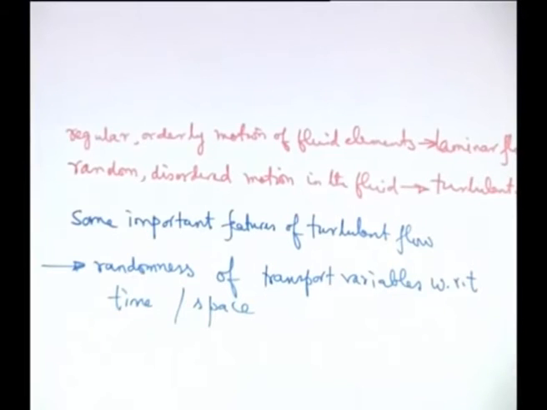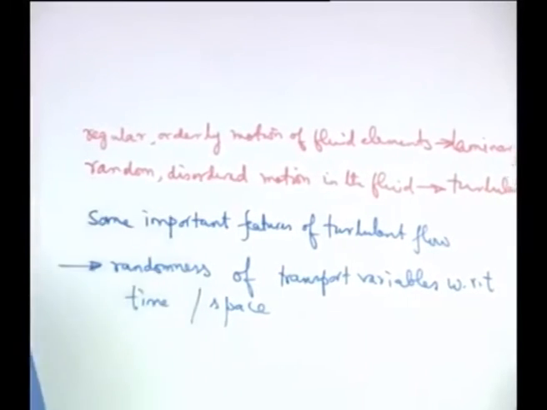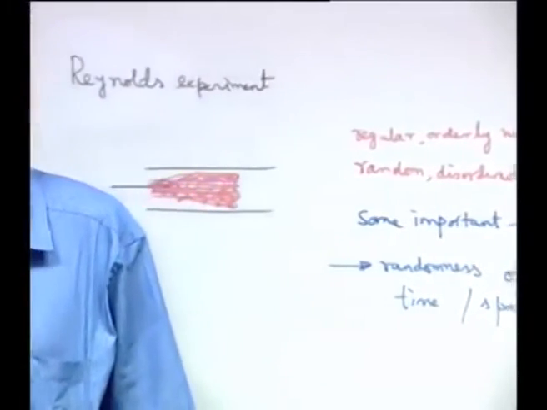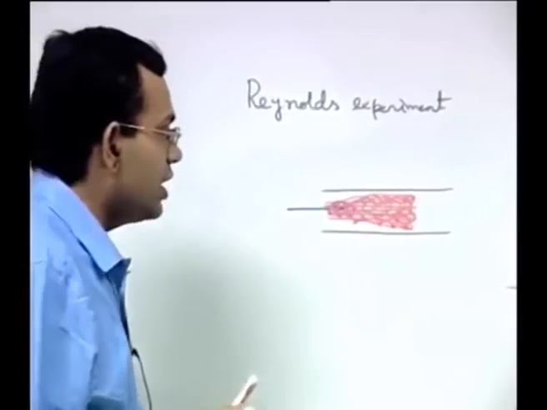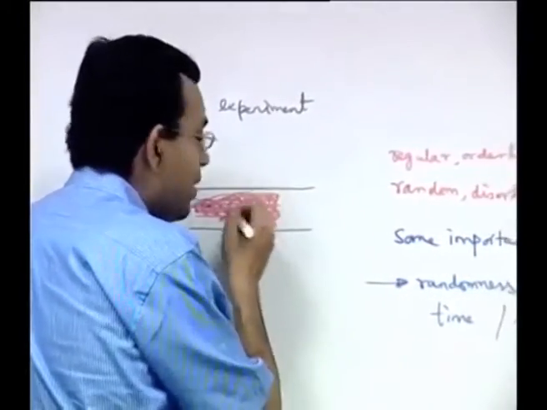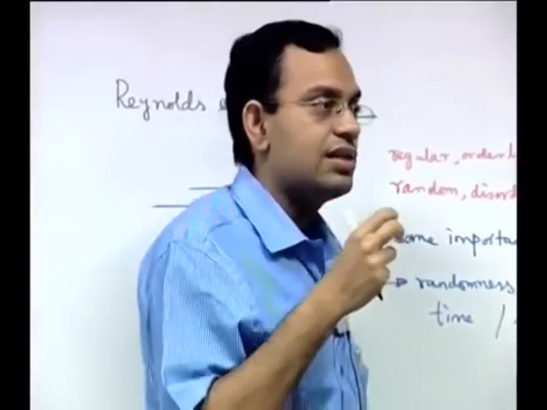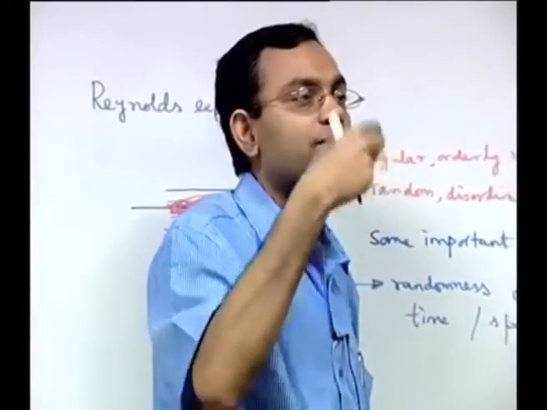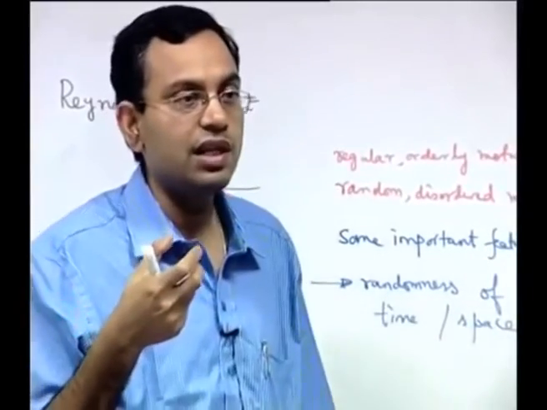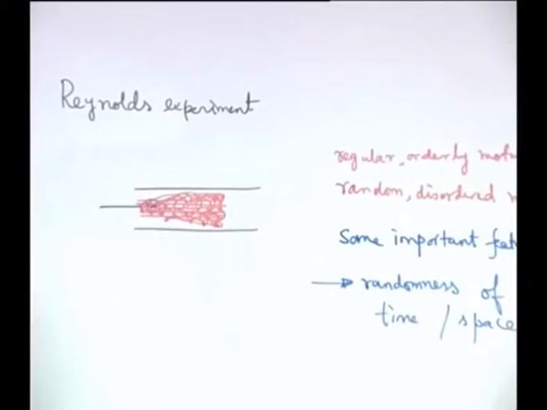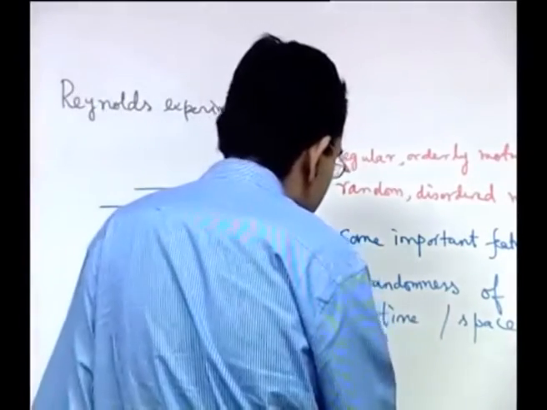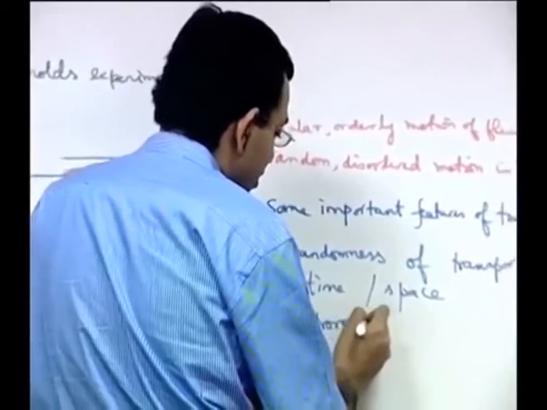So, we can say that on an average the quantities are fluctuating with respect to space and time. The quantities may be velocity, pressure, whatever, these are fluctuating with respect to position and time. So, when they are fluctuating, it is possible that because of fluctuation of velocities there is a significant amount of momentum transport between various fluid elements, because they are interacting with their fluctuating components of velocities, and in that process they are having an exchange of momentum, and therefore it ensures that there is a strong mixing in the flow.